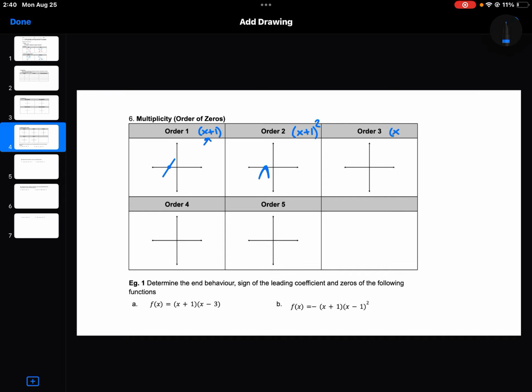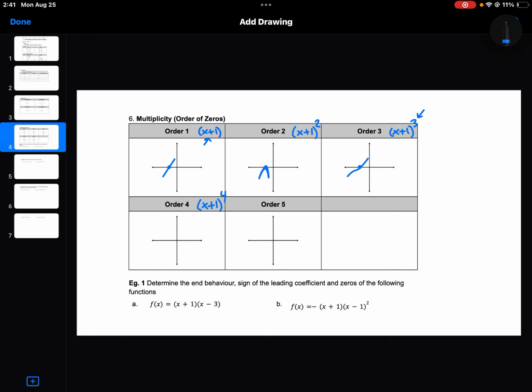Order 3, that is an odd degree, just like the first degree, it crosses through the axis again. But this time, instead of behaving like a line, it's going to behave like a cubic function. And as it approaches, it sort of wiggles a little bit as it goes through. Multiplicity 4 would be a function that looks like this, where its factor is raised to the power of 4.